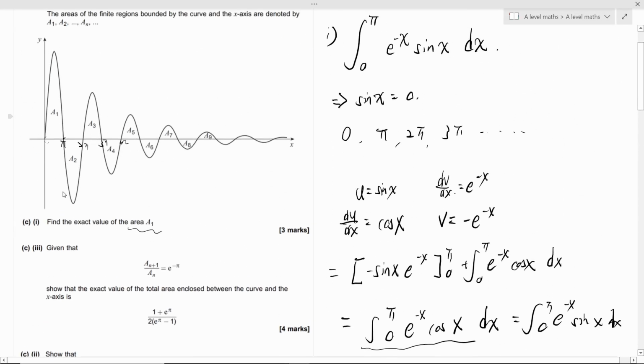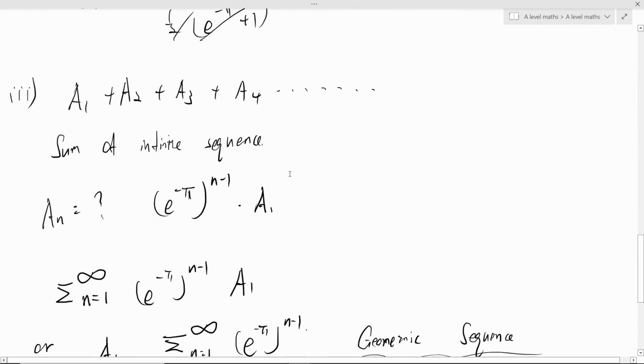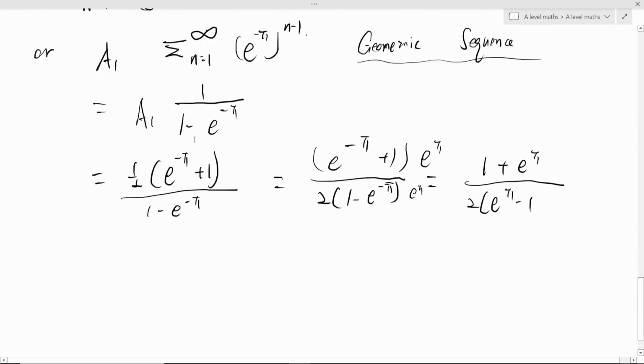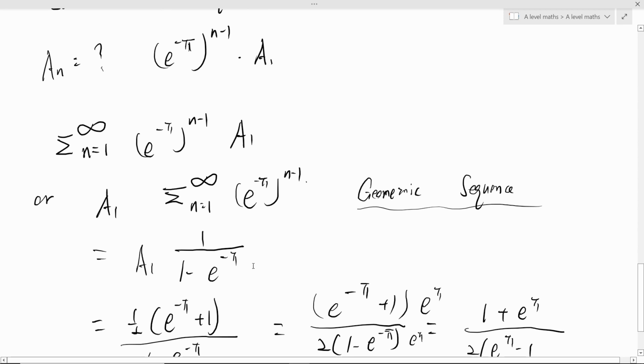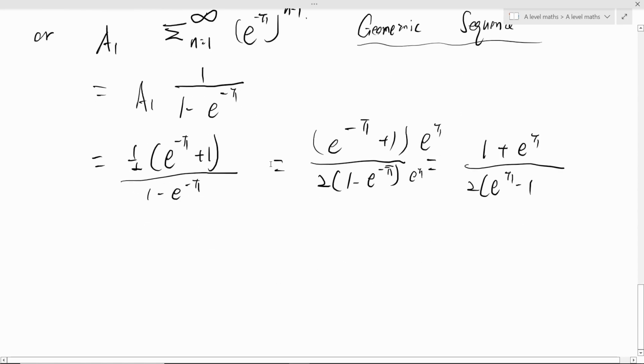And the last part is where we can glue everything together. We have an explicit formula for each of these finite areas. We found that it's a geometric sequence, and to find the sum of a geometric sequence, we just use the formula 1 over 1 minus the common ratio. Some rearranging in terms of fractions will help you find the final result.